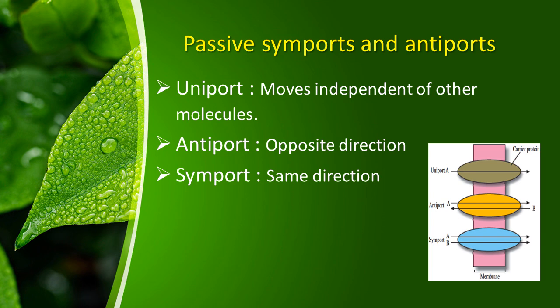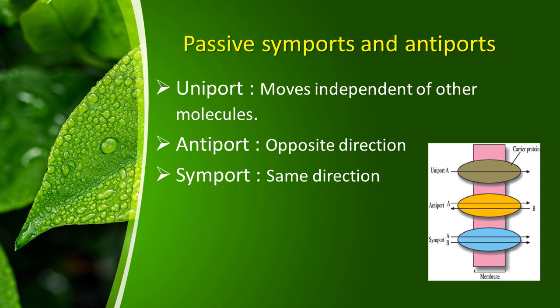In uniport, the molecule moves across a membrane independent of each other. In antiport, the molecules move in opposite directions. That means if A moves in one direction, B moves opposite to the direction of A. In symport, the molecules move in the same direction.